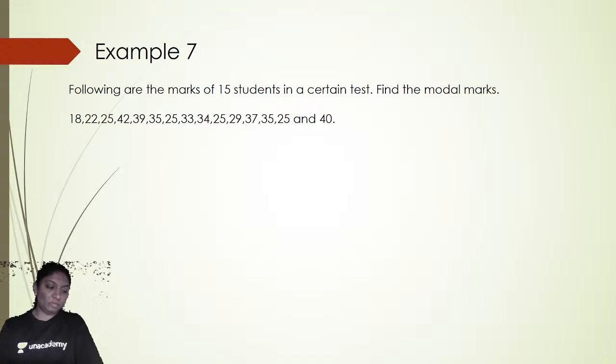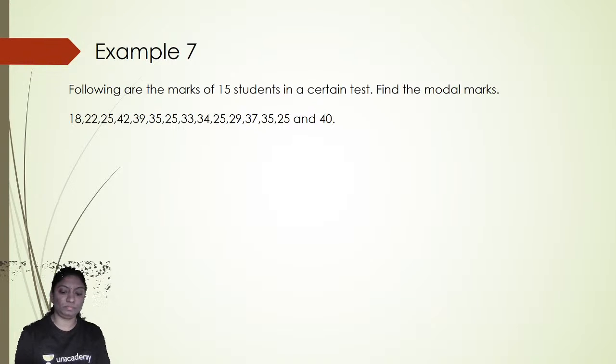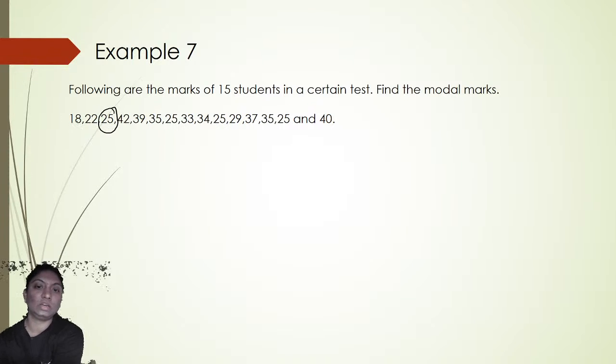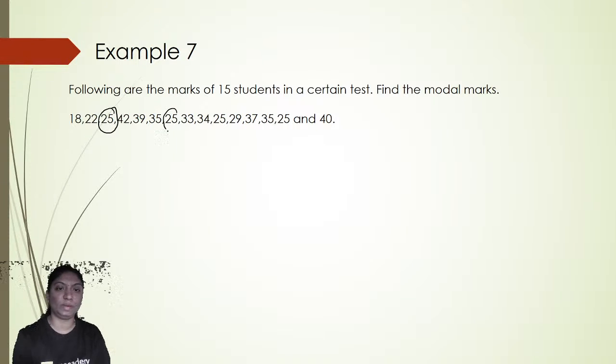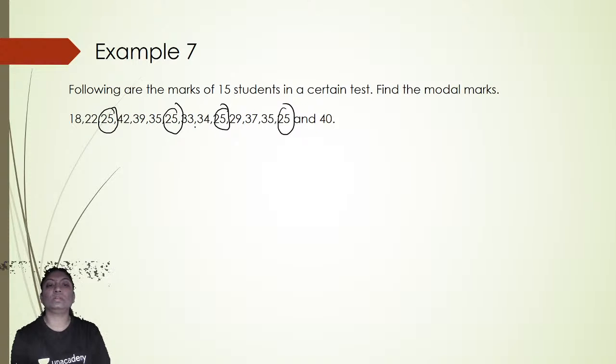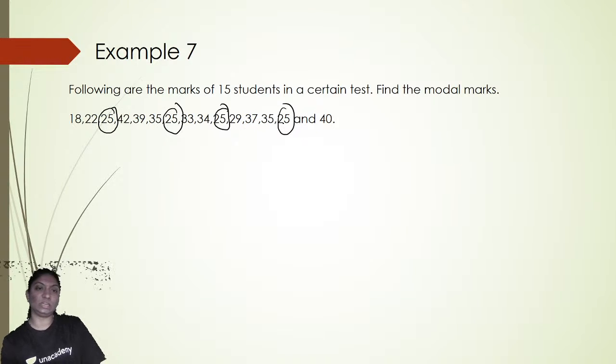So if we observe, 18 repeated only one time, 22 repeated only one time, 25 we can see repeated how many times? 1, 2, 3 and 4 times. 42 repeated, 35 repeated 2 times only. 33 repeated, 34 not repeated, 29 not repeated, 37 not repeated, 35 repeated 2 times.